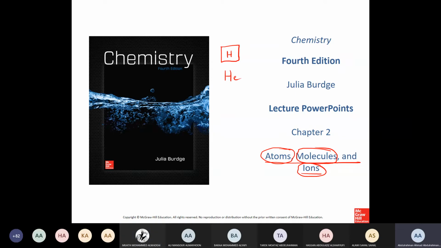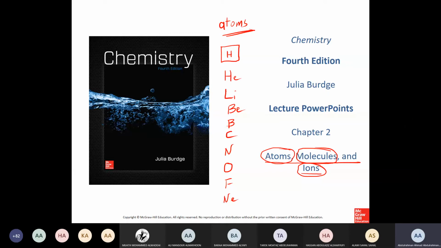Lithium. Beryllium. Boron. Carbon. Nitrogen. Oxygen. Chlorine. Neon. These are called atoms.